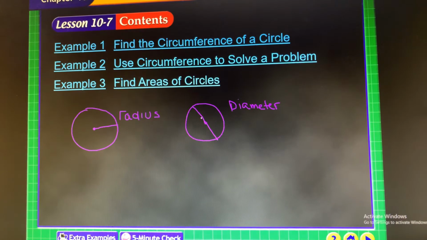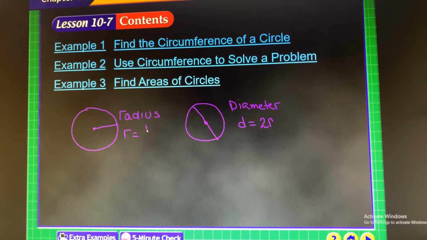A diameter is made up of 2 radii, plural for radius. So diameter is equal to 2 times the radius. And my radius is equal to half my diameter.